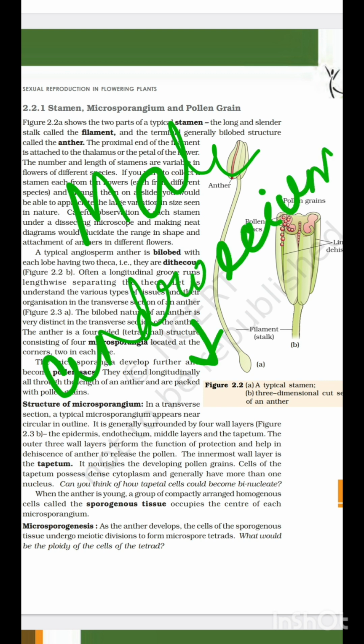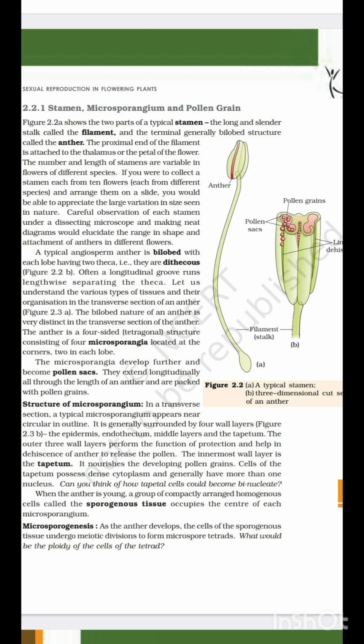This stamen consists of two parts: one long filament, and an anther.